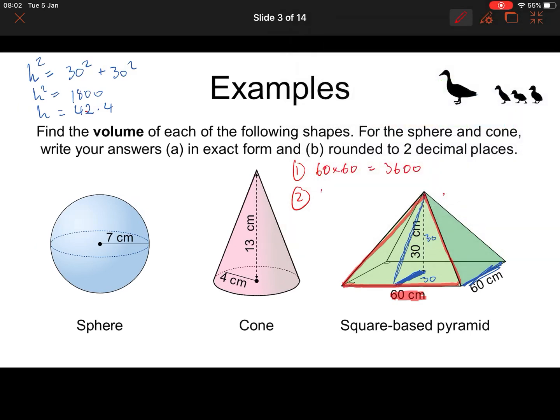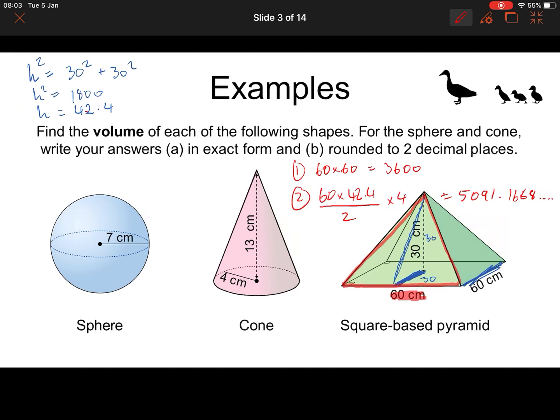So the area of the triangle is going to be the base, which is 60, times height, which is 42.4, divided by 2, because it's a triangle, and then multiply everything by 4, because there's 4 triangles. Okay, so let's do that now. Times 60, divided by 2 and times 4 is equal to 5091.1688.